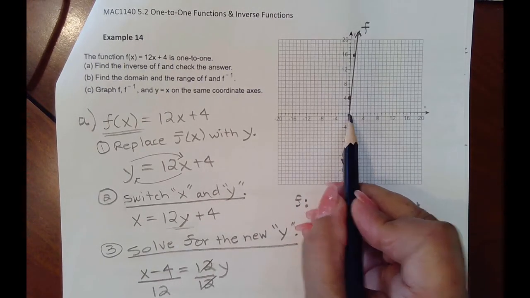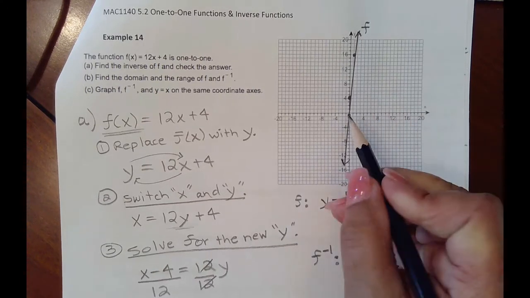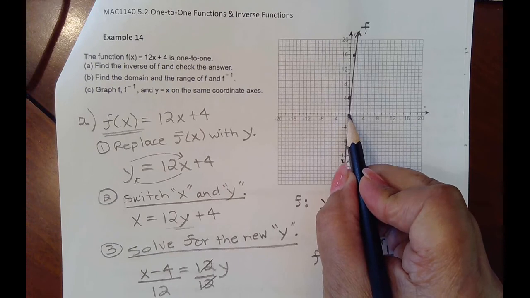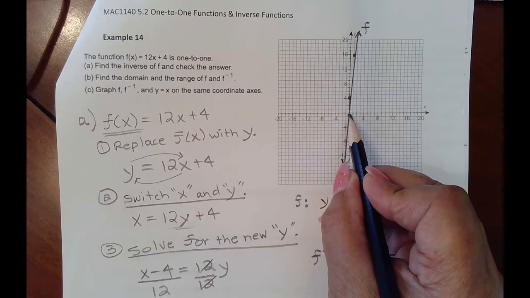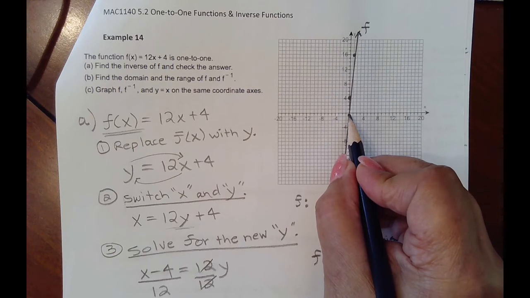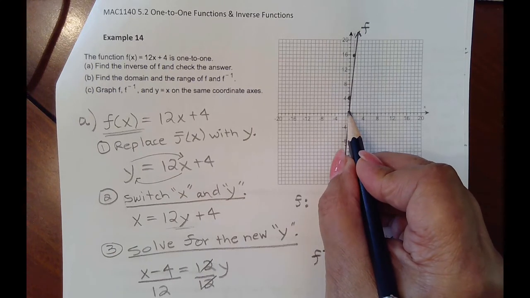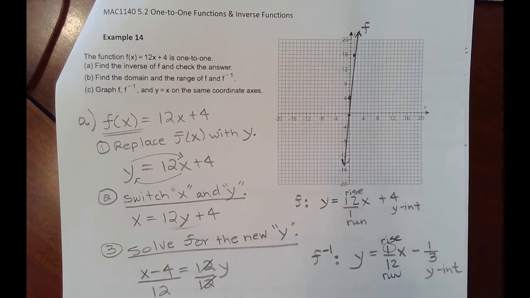That looks like 1/3, and then I'm going to rise up 1 whole block. So if I'm starting off slightly below a horizontal grid mark, which is called the x-axis, when I move 1 for my rise, I'm going to land in a similar position right below the horizontal grid mark.